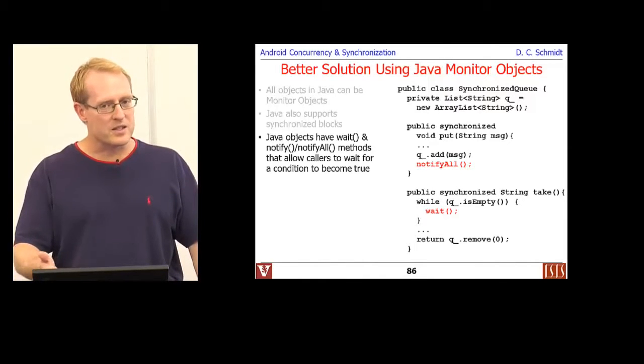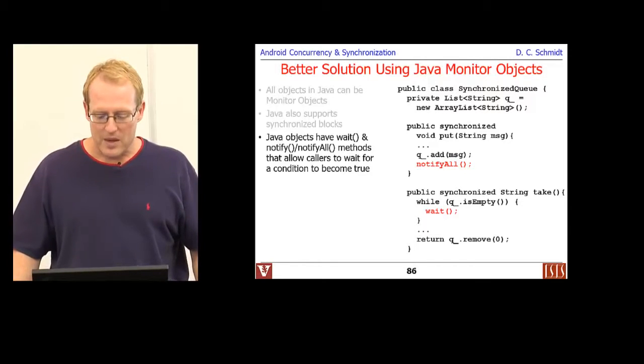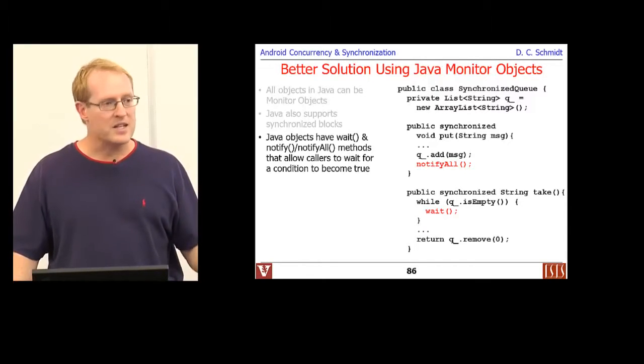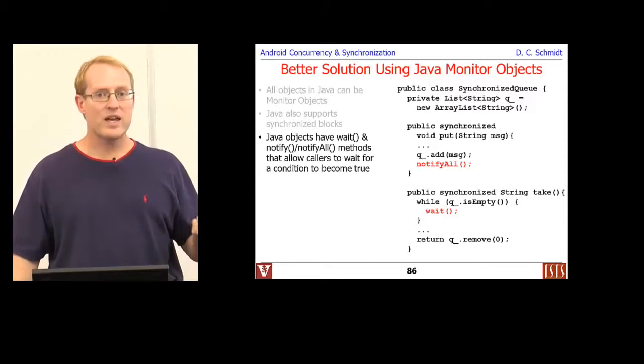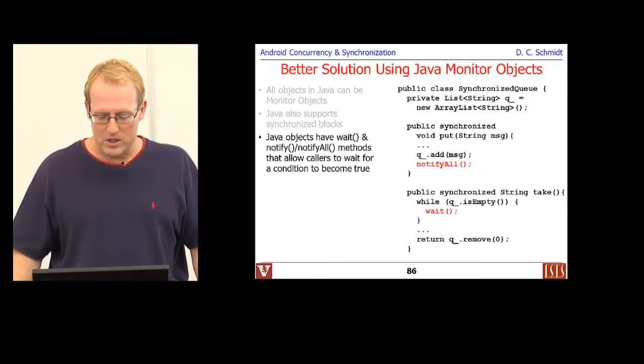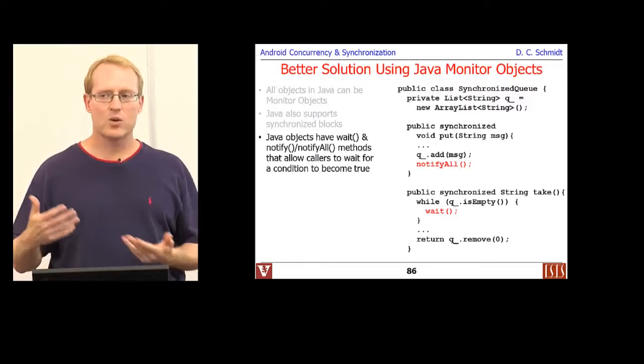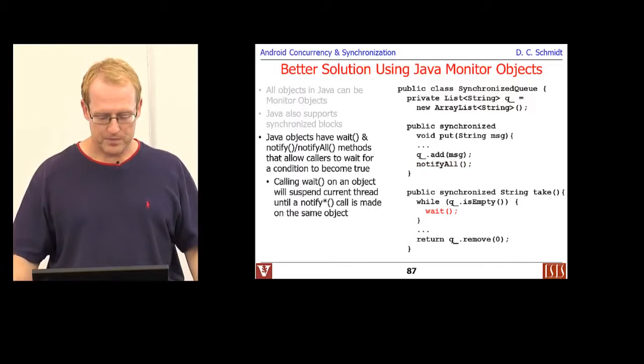So as you can see in this little code fragment, and later we'll look at some more detailed examples of how this works, whenever you want to take something from a queue and the queue is empty, then we go ahead and we wait for the queue to be not empty. Likewise, when someone tries to put something in the queue, after we add it, we notify waiters that there's something in the queue, and they may be able to wake up and make progress.